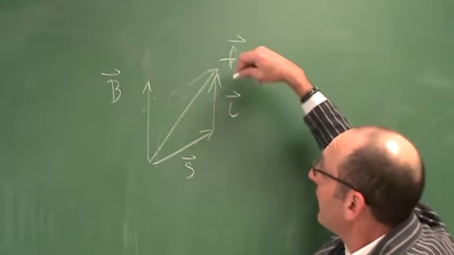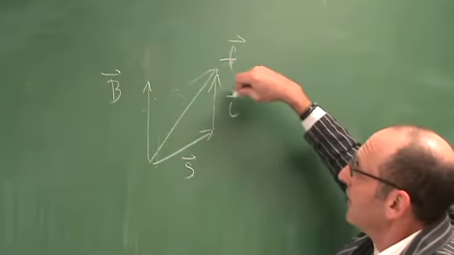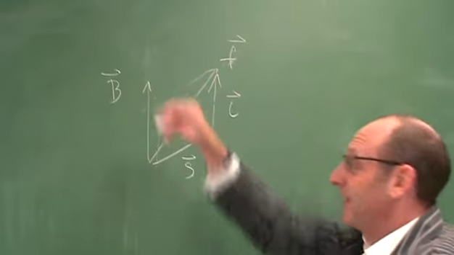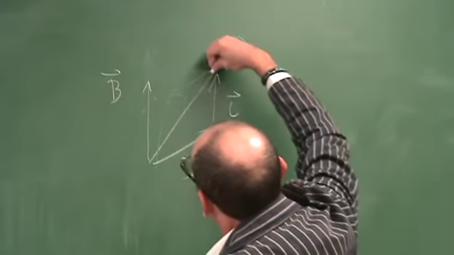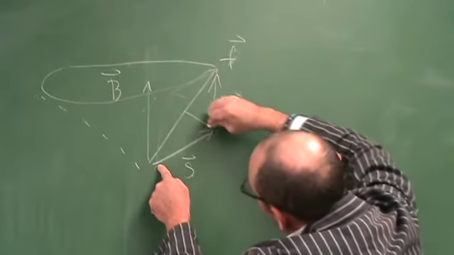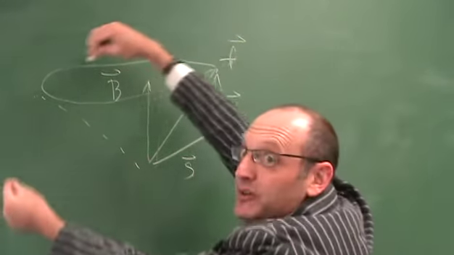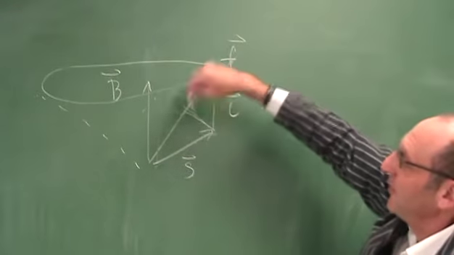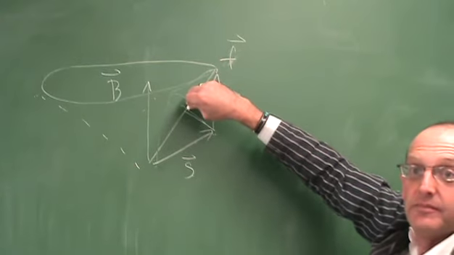Now I have this magnetic field which wants to move the electron separate from the nucleus, but it's weak. That was our case that the Zeeman shift was small compared to the splitting. Under that case, what it's saying is that the only thing that matters is the projection of this S vector onto F because they rotate together. This thing rotates around so fast that it keeps a constant projection below F.